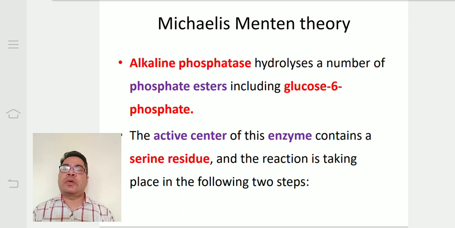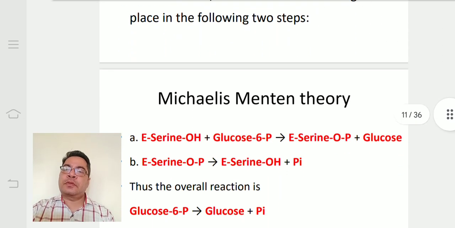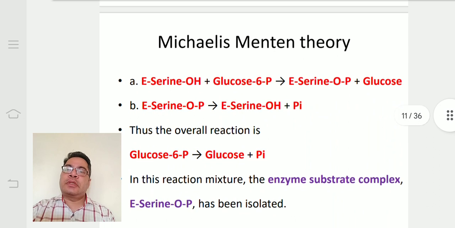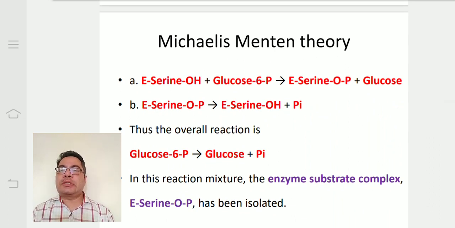First, enzyme serine oxygen hydroxyl group plus glucose 6 phosphate gives enzyme serine oxygen phosphate plus glucose. And the next is enzyme serine oxygen phosphate gives enzyme serine hydroxyl plus Pi. Thus, the overall reaction is glucose 6 phosphate gives glucose plus Pi.